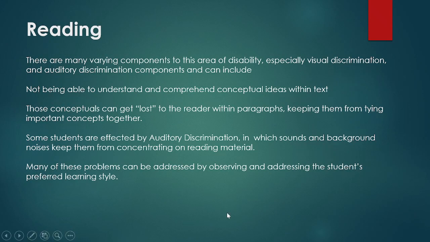So in the reading component, there are many varying parts to this area of disability, especially visual discrimination and auditory discrimination. One of the things you can think of is not being able to understand and comprehend conceptual ideas within text. Those concepts can get, quote unquote, lost to the reader within paragraphs, keeping them from tying certain important concepts together.